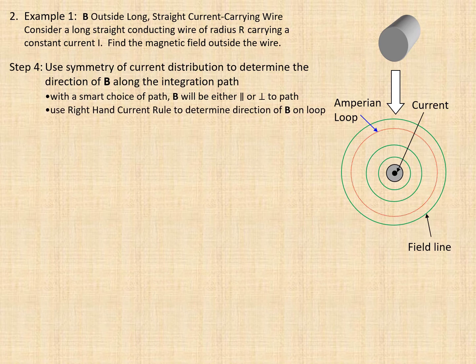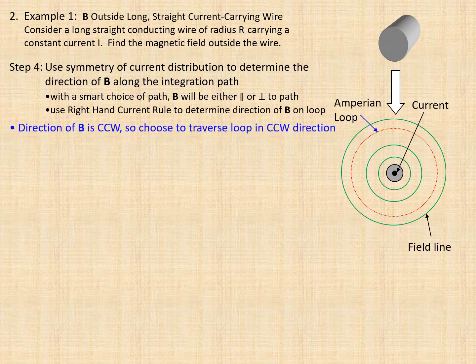We use the right-hand current rule to determine the direction of the magnetic field along our path. Here the current is coming out of the plane of the paper towards us, so we place the thumb of our right hand in the direction of the current, and our fingers then curl in the direction of the field, which is in a counterclockwise direction. So it would make sense to traverse the loop in a counterclockwise direction.